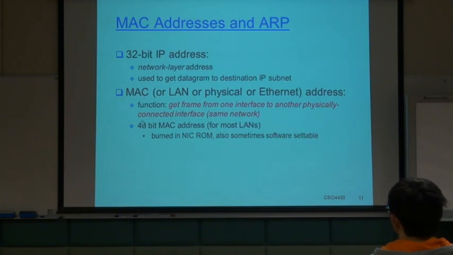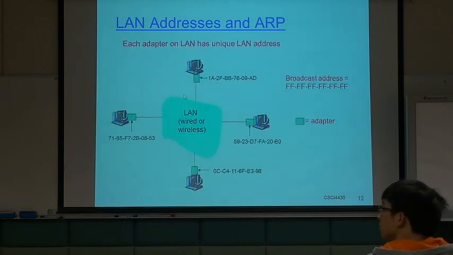This MAC address is 48 bits, different from the traditional 32-bit address. So each LAN card will have an IP address, and there's also a MAC address. Why do we have two addresses?